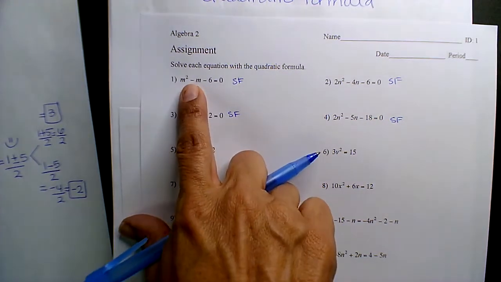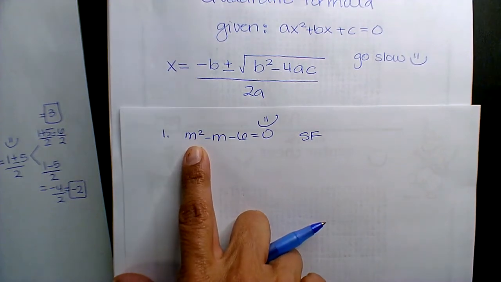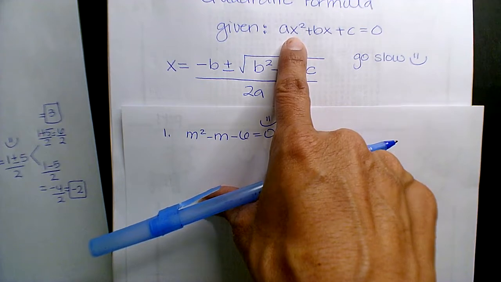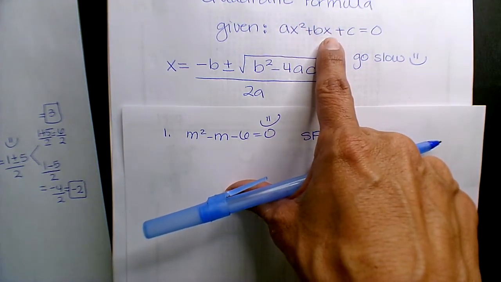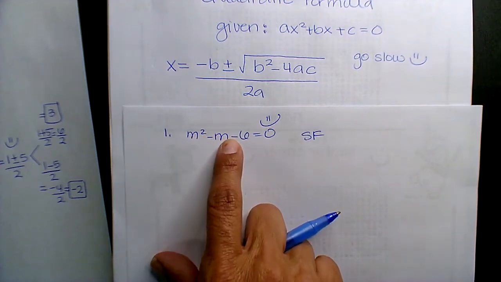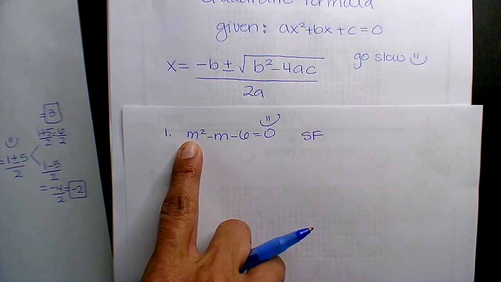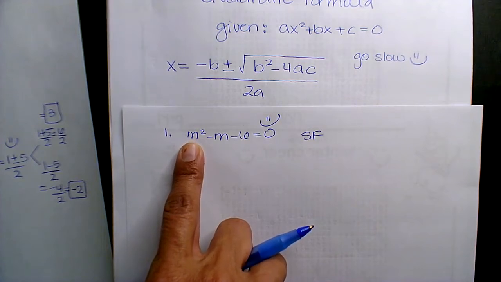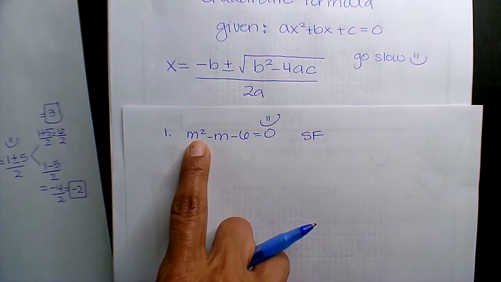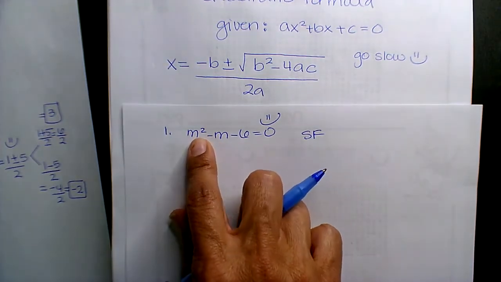Okay, first one. Standard form is: the A value is the coefficient of x squared, the B value is the coefficient of x, and the C value is your constant. Looking here, granted it's not x's, they're m's. What's the A value here? The squaring is with the variable m.